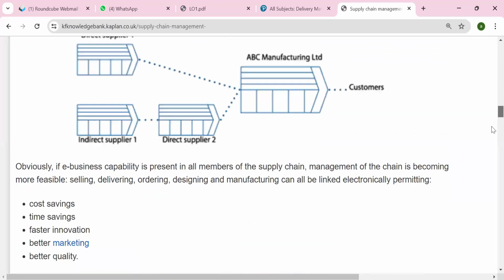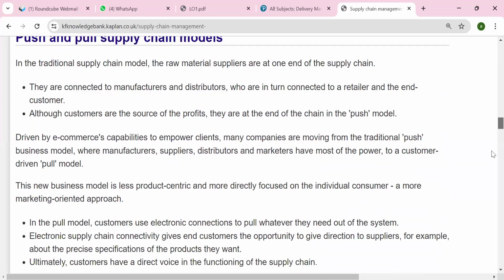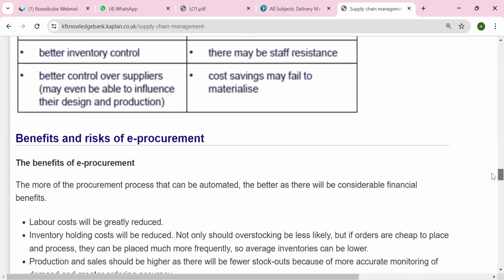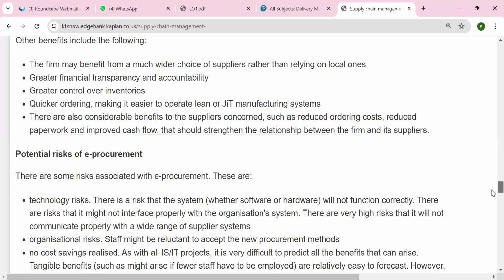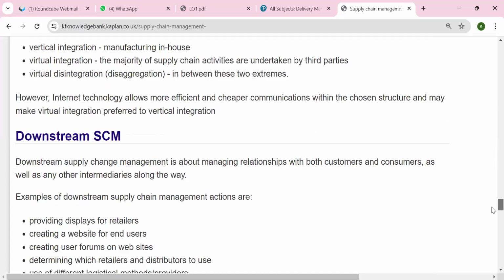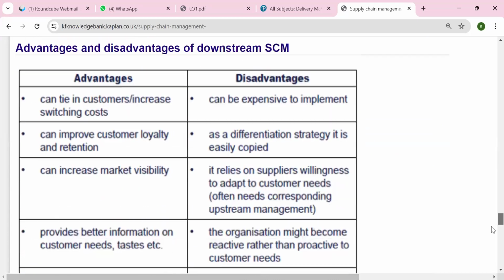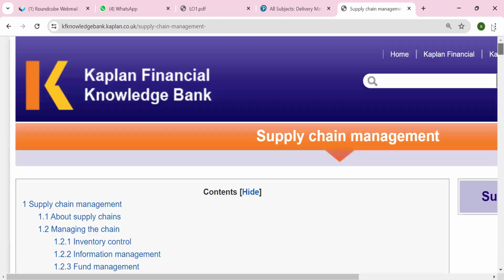We can look at different examples here: push and pull chain, procurement, e-procurement, the benefits and risks of e-procurement, the potential risks, and how we can restructure and manage risk in the supply chain and procurement. That's quite good to look at on Kaplan.